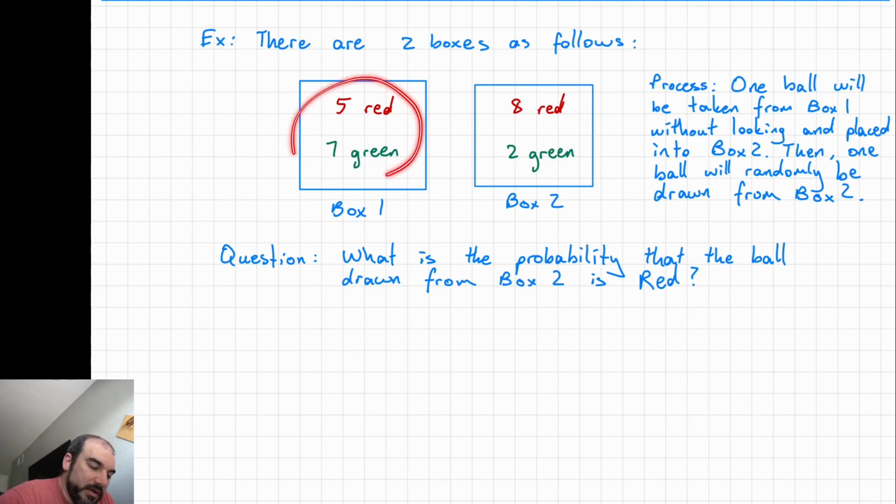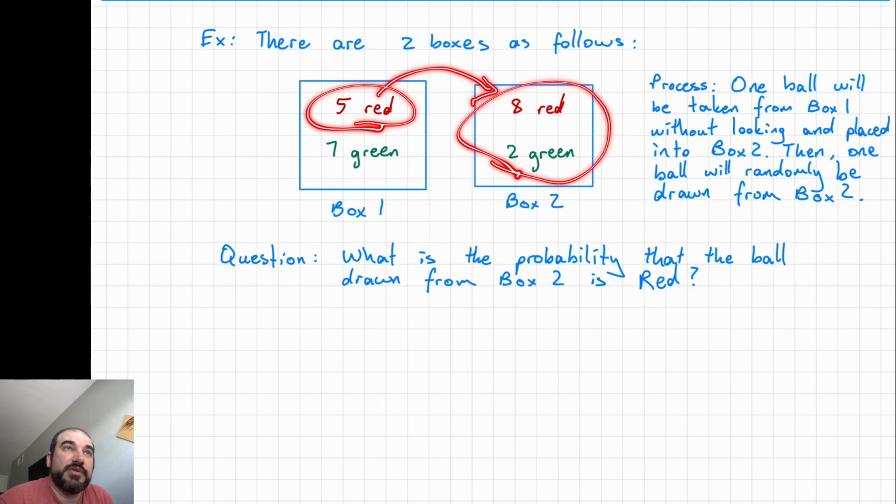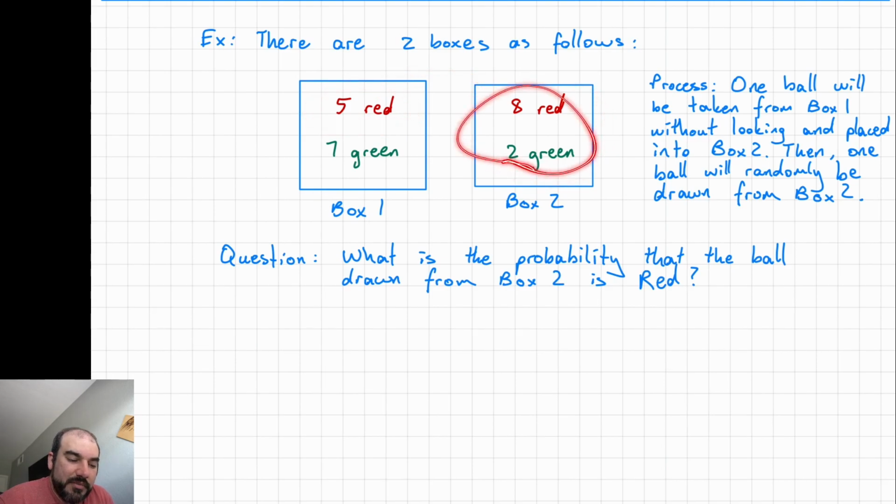So one ball is getting taken from box 1, and there are two things that can happen here, right? Either a red ball gets moved from box 1 to box 2, and then the composition of box 2 changes, because a red ball is now moved into box 2, and so these numbers change. And then when we draw from box 2, we have a certain number of reds and greens, and we know how to do the probability of getting a red in that situation.